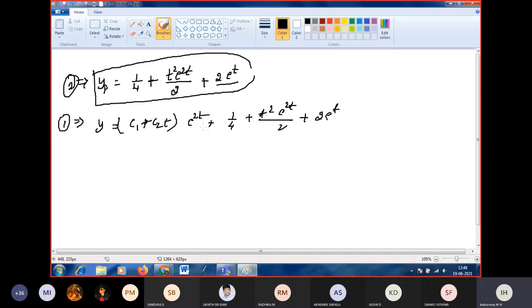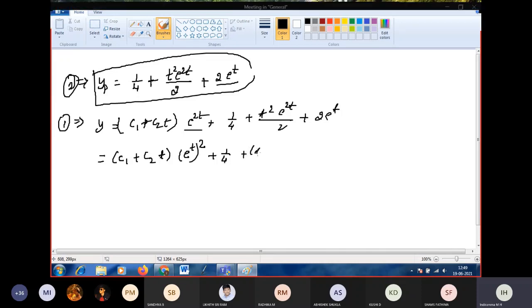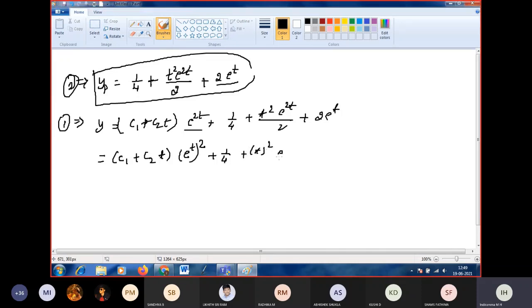So the given question is in terms of what, x or t? x only, but we got the answer in t. We have to re-substitute for t in terms of x. Let me rewrite my solution as C1 plus C2 t. e power 2t can be written as e power t whole square. Is it right? What is e power t into e power t? e power t whole square.